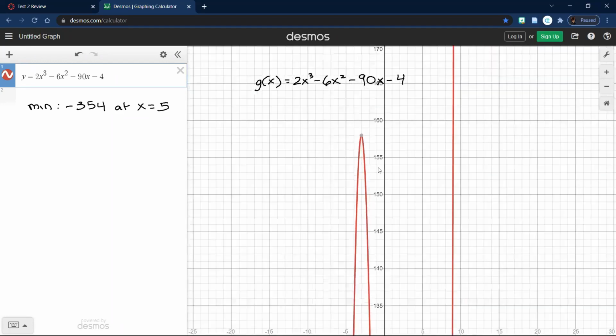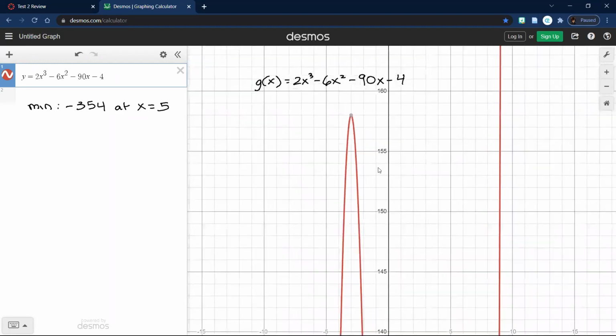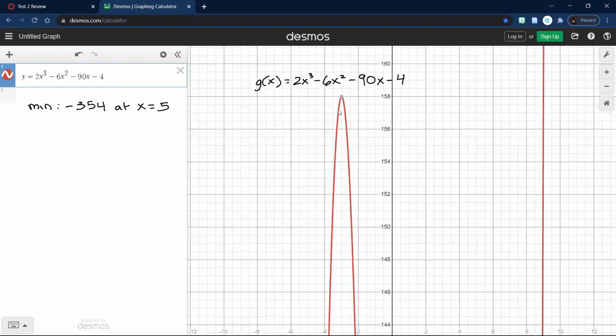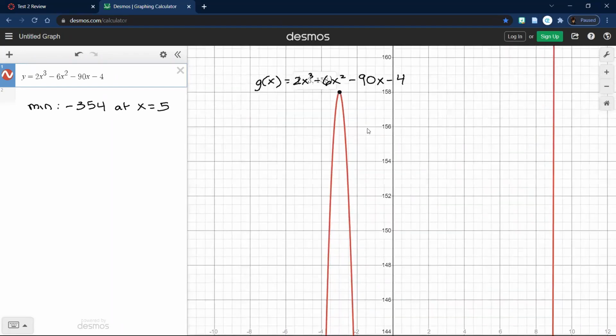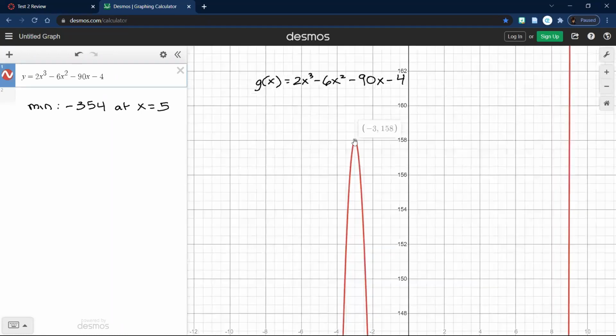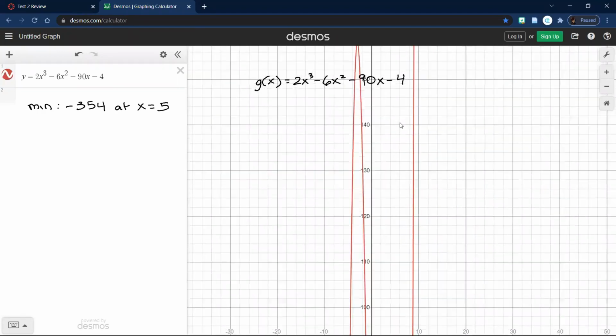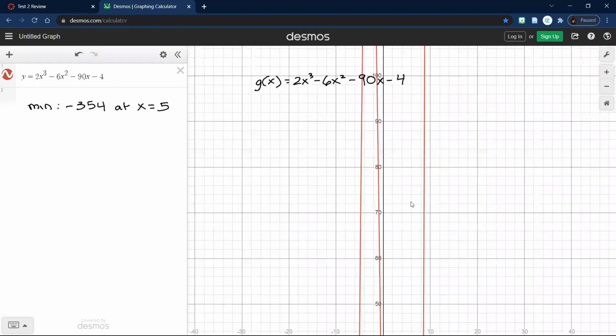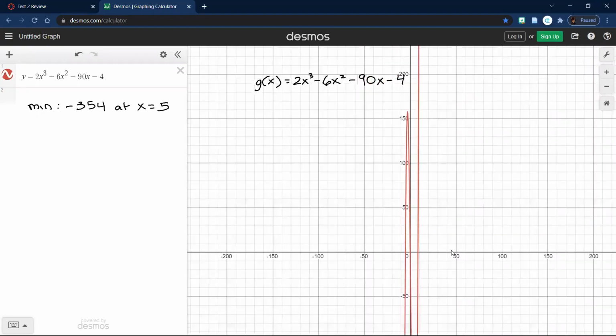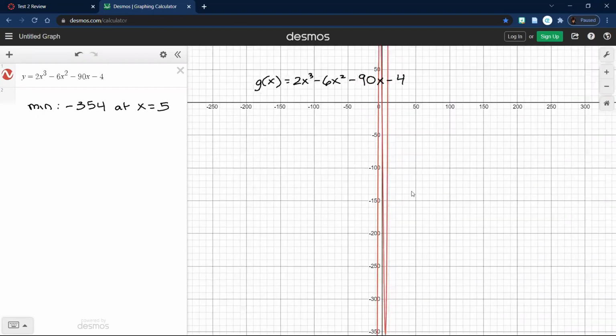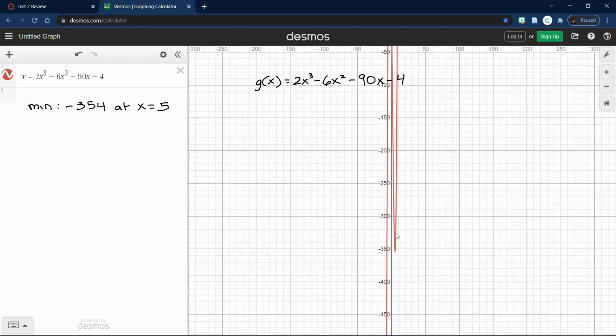Desmos is really nice, and when you graph in Desmos, it automatically gives you the points at your maximum and minimum. As long as you recognize where your maximum and minimum are, then you can find them on Desmos. So scrolling out a bit, as you can see, this graph's really crazy. If we recognize this right here as our minimum, we click it.